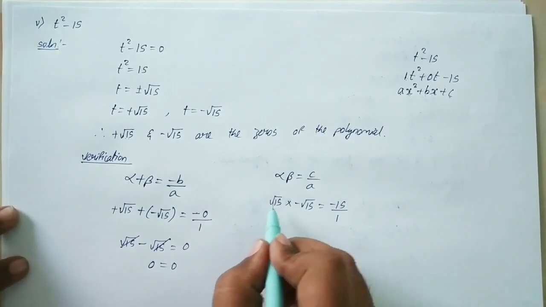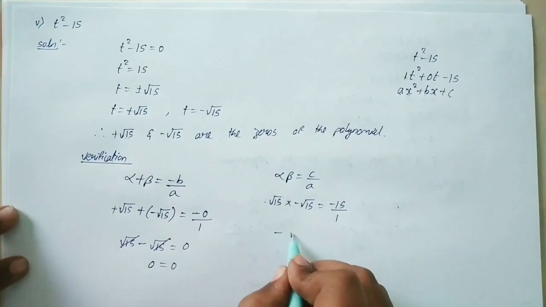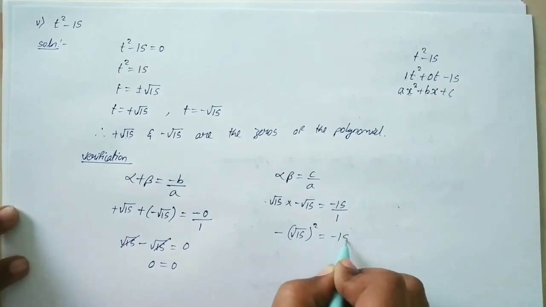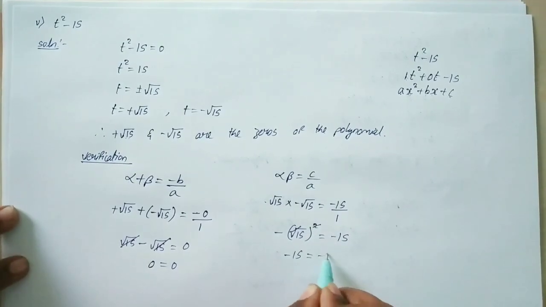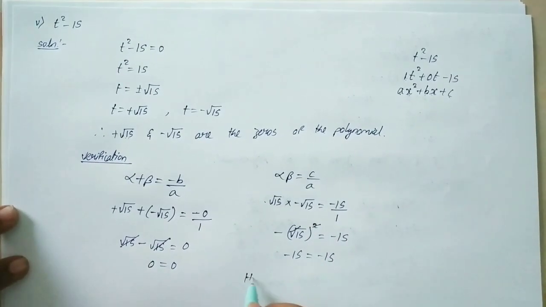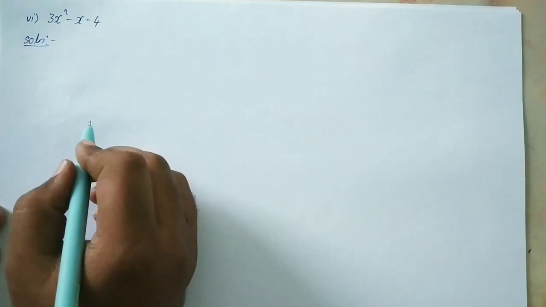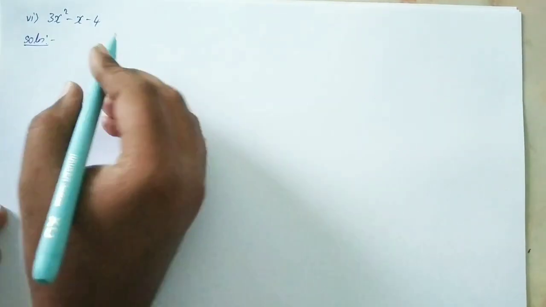So here plus into minus, minus root 15 into root 15, root 15 whole square, is equal to minus 15. So here square and square root cancel. So remaining minus 15 is equal to minus 15. Hence verified.